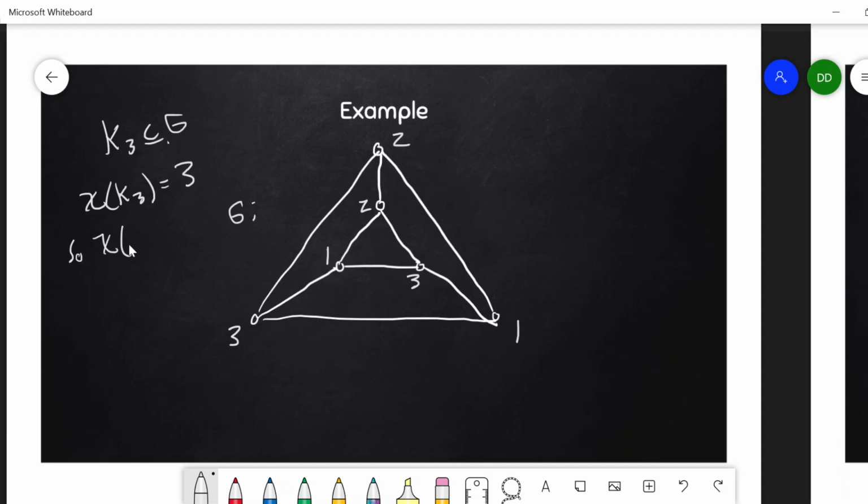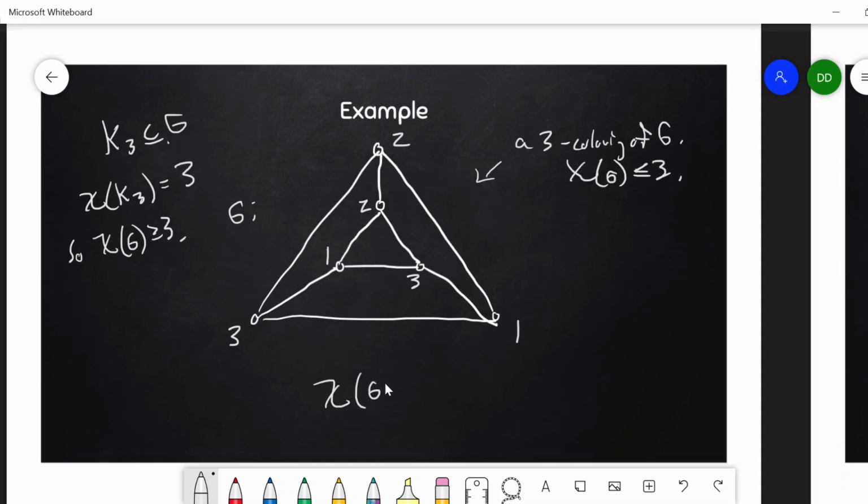So the chromatic number of G is at least 3. And then here we have a 3 coloring of G. And so that establishes that the chromatic number of G is at most 3. Hence, this is a 3 chromatic graph.